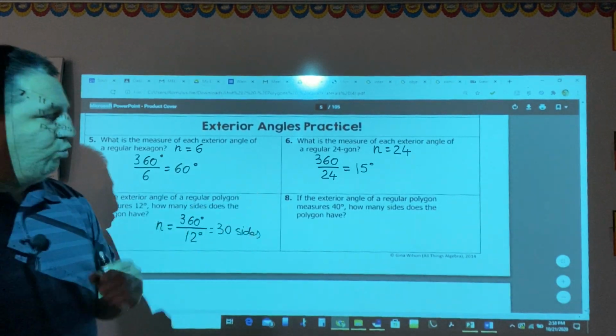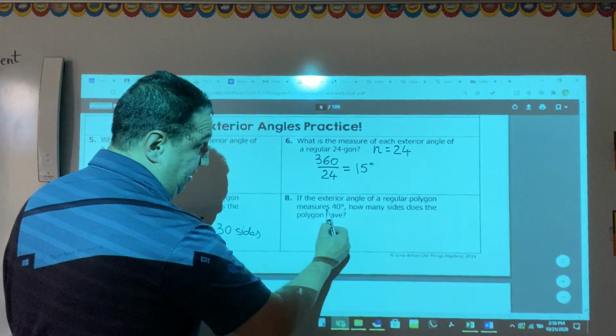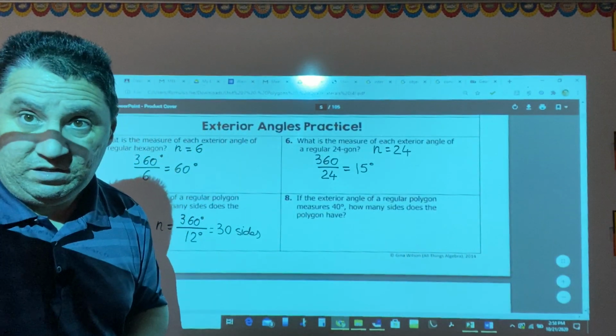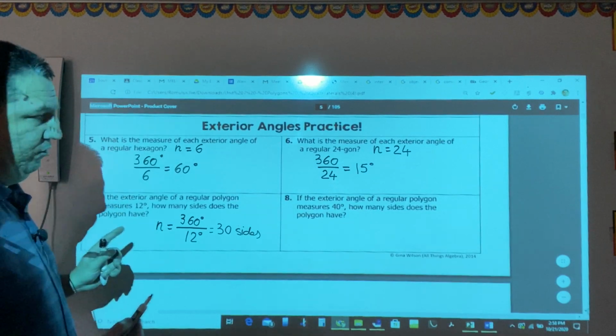Good. And the last one, it says if the exterior angle of a regular polygon measures 40 degrees, how many sides does the polygon have? Again, we do the same as we did for the previous one, right?